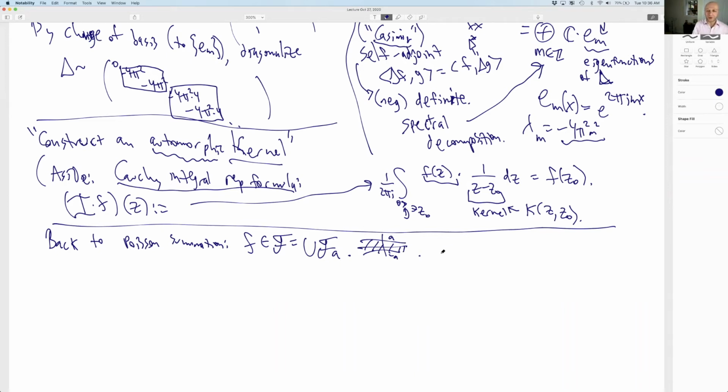So we make a point pair invariant, which is just a function k from G cross G to the complexes. G is the reals, so it's a function of x and y.